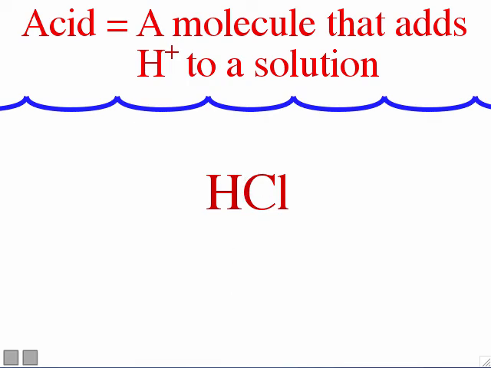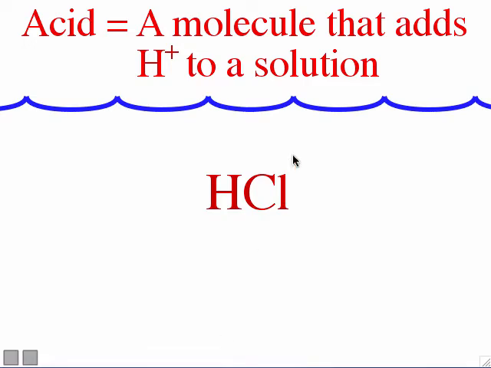Okay, so notice that the hydrochloric acid molecule is a 2-atom molecule. It's made out of one hydrogen atom and one chlorine atom. A lot of molecules actually have a hydrogen atom or atoms as part of their molecular structure. So it's not unusual for a molecule to have a hydrogen atom as part of its structure.